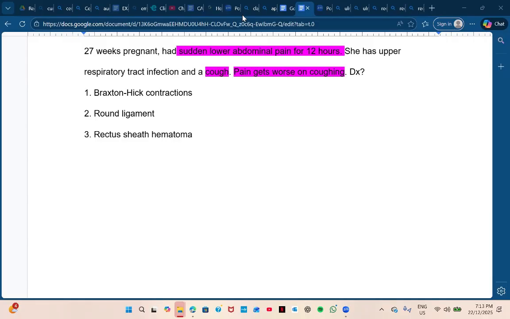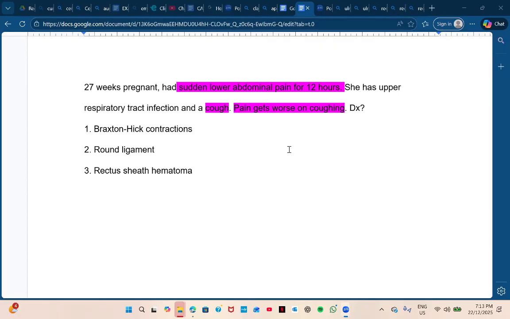Let's discuss the other things also. Okay, Braxton Hicks contractions and round ligament pain as well. Yes, it also can be, but the question is incomplete. That's what I'm also thinking, because round ligament pain is a sharp stabbing pain, right? Usually felt in the lower abdomen, and usually one-sided, right?